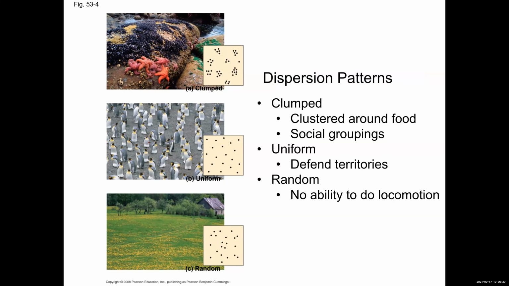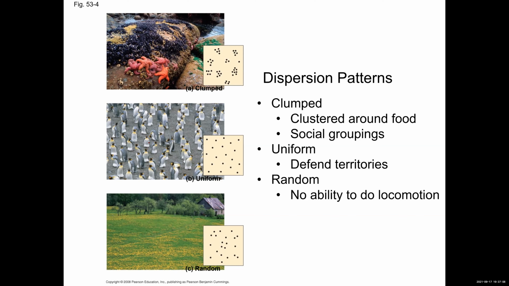In general, when we look at individuals of the same population across the landscape, there's 3 different ways that we could describe a pattern of where we see individuals, besides that they hold specific territories. So when we see lots of individuals in a fairly small location and they're really close together, then we'd say they're clumped.